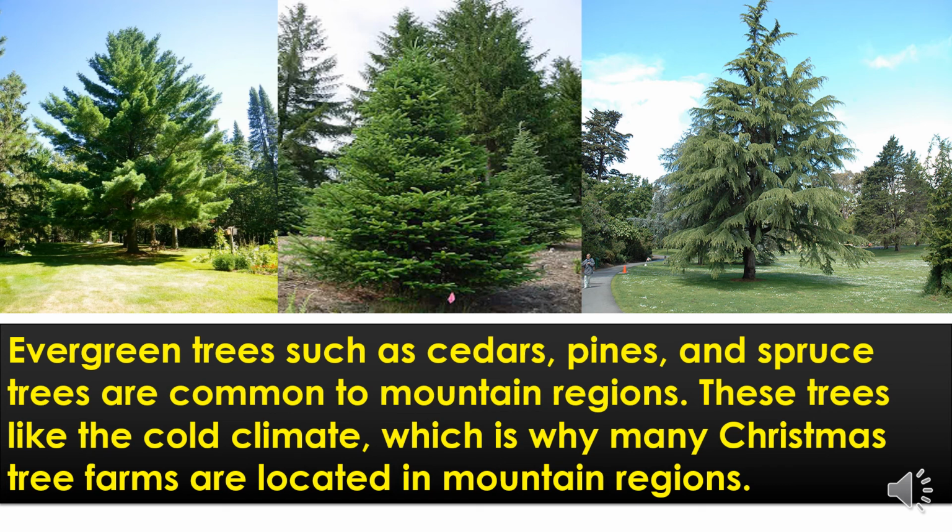These trees like the cold climate. They survive in the cold climate because of their specific adaptations which we have studied. And that is why many Christmas tree farms are located in these mountain regions. So farming of Christmas trees is done here on the mountains.